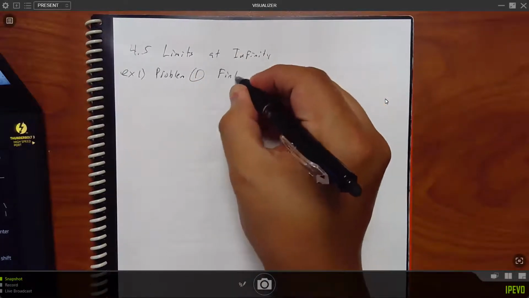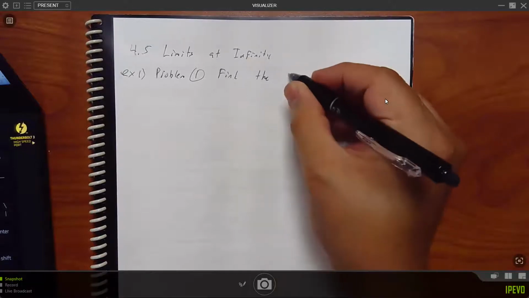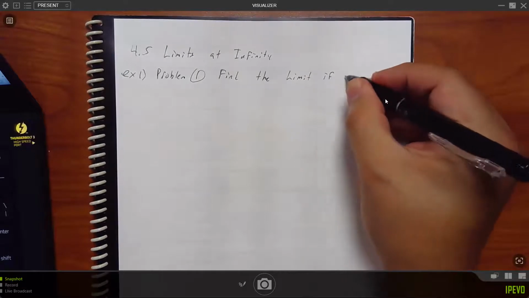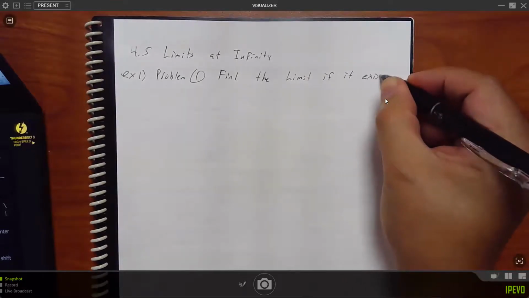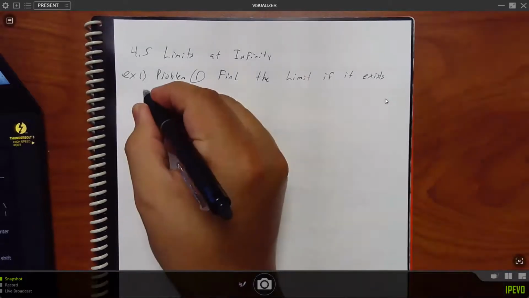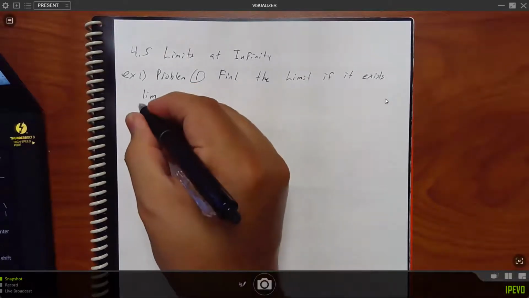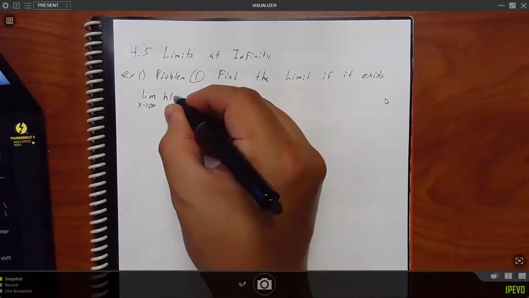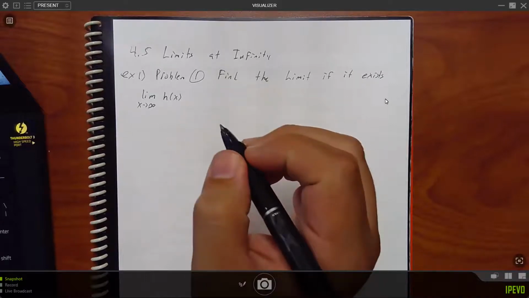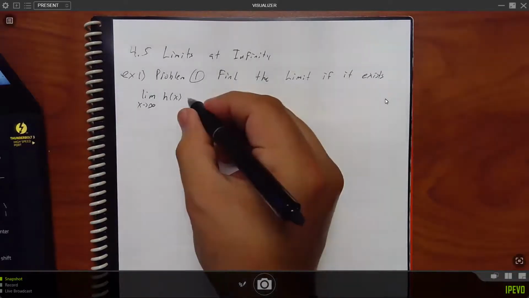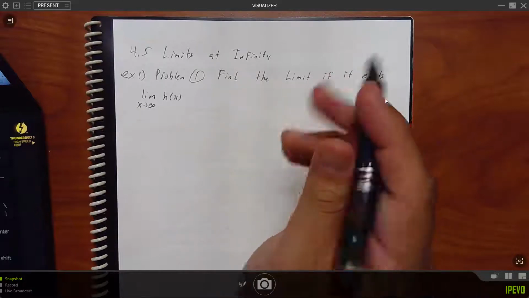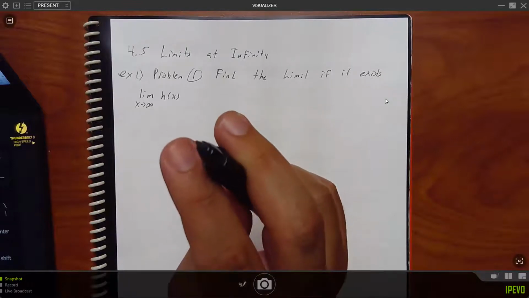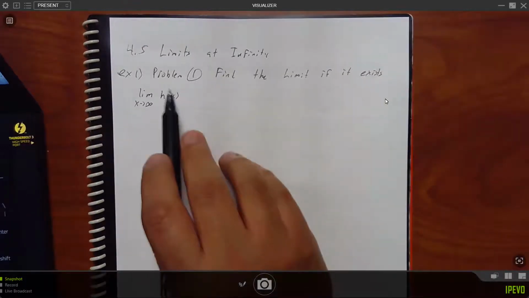Find the limit if it exists. So H, I don't know why they call it H in the homework, but oh, I see. This is what they want us to do.